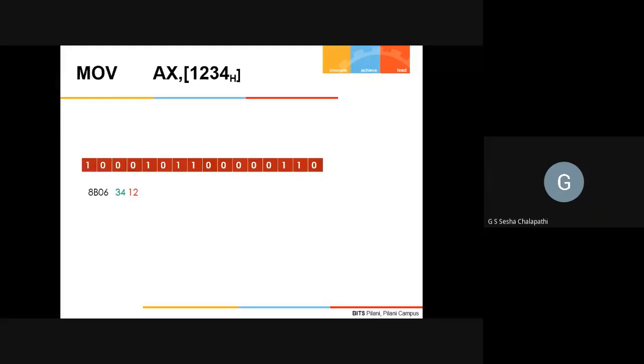So what will be the machine code for this? Again, the opcode is 1000010. This will be the opcode. Now D and W. D will be 1 because it is into a register.